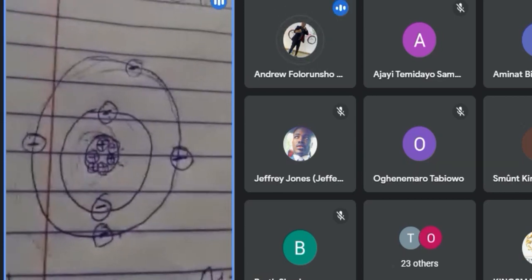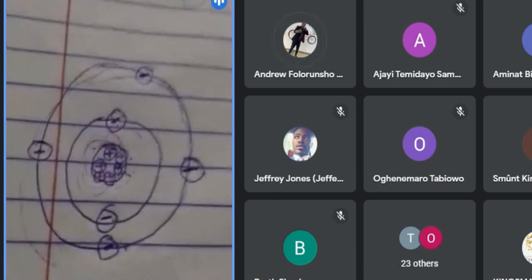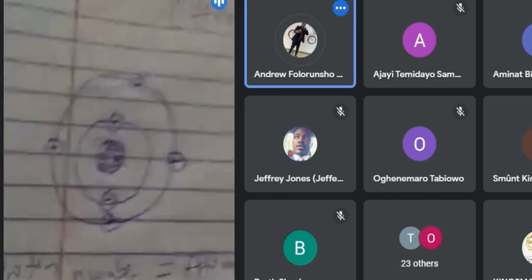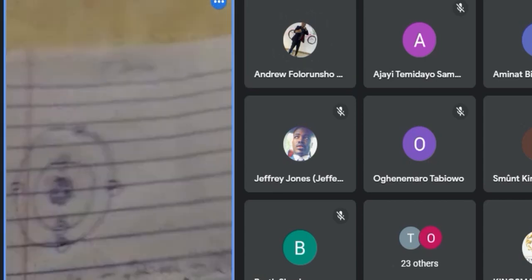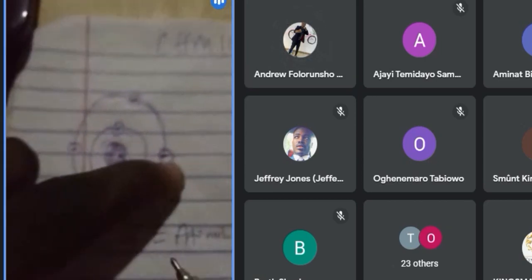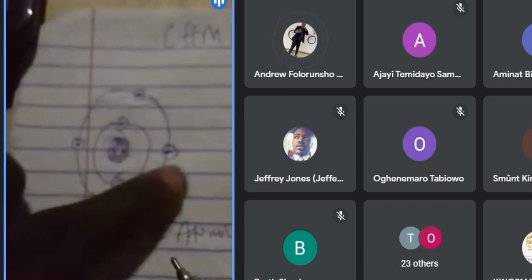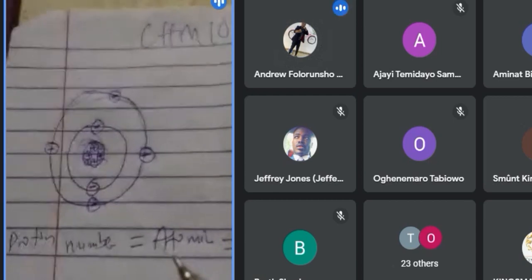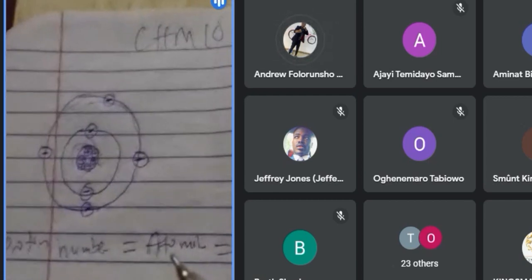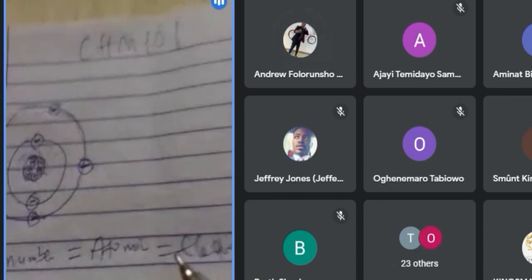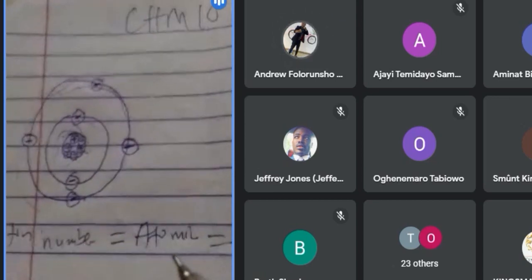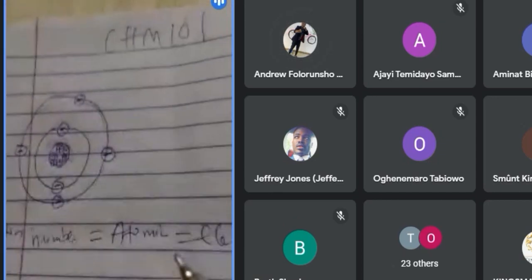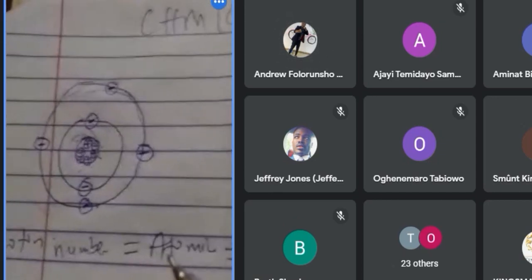So the proton number must be equal to the electron number. If this is different, definitely it is wrong. That's when they will counterbalance each other. If the positive becomes more than the negative, it won't help. And if the negative becomes more than the positive, that also will not help. It will be going to one side, you understand? So it won't be balanced.